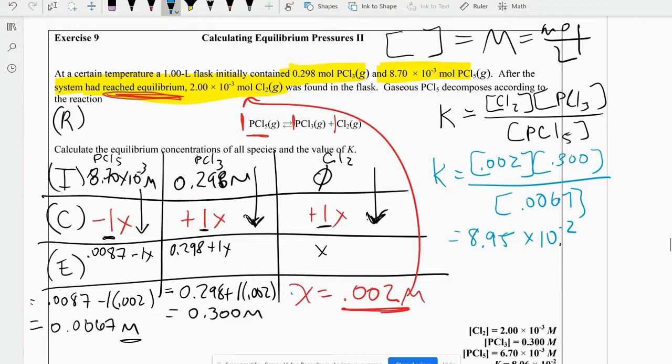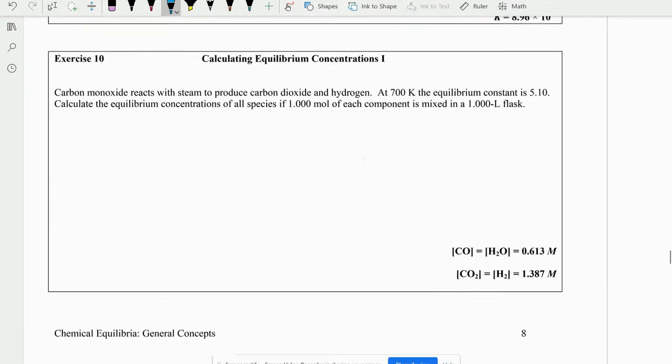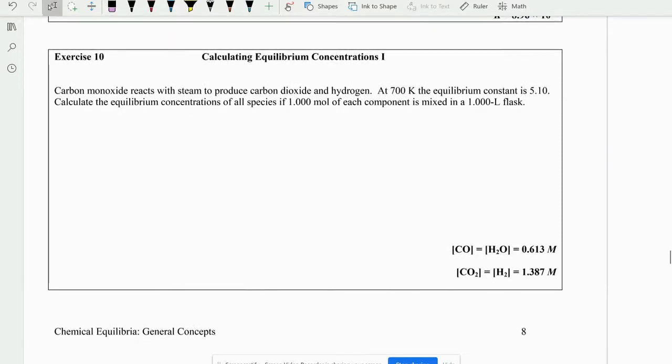Okay, so not only did we determine the equilibrium concentrations for all species, but we determined the K value. Let's take it a step further and do something a little bit more complex. Yep, we're still going to use RICE diagrams, but you'll see each problem oftentimes gives you a different set of information, at which point that's when you will actually determine how to set up your RICE diagrams.